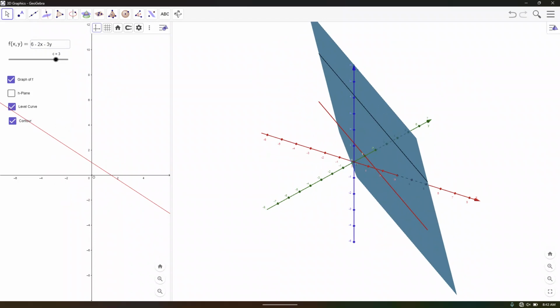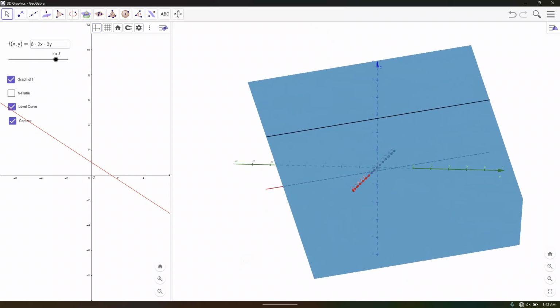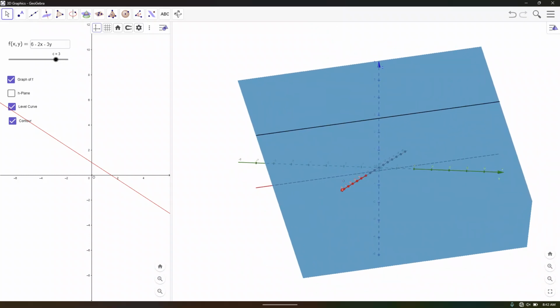So here we have a plane in space. In the typical x, y, z perspective, we get to see this plane. Okay, let me see if I can lower the lights so you can see it better. So here, these different values of C are the different values of K that we did in the previous exercise.